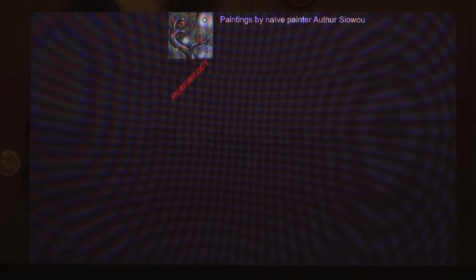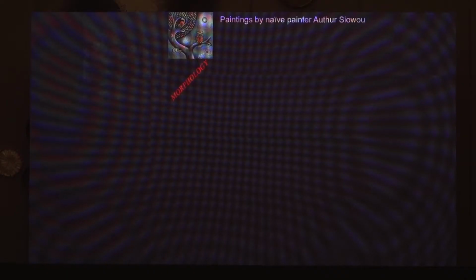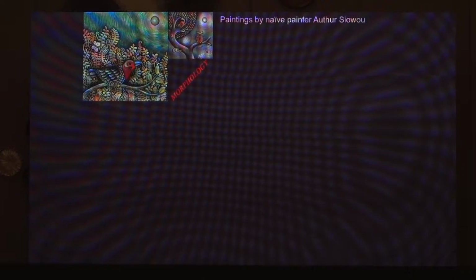Arthur Soyu was a naive artist who was used in Kenya as an illustrator for a children's book. Very simple birds, and this is his mind map, his pattern of the world. As it gets more elaborate, you have birds and fauna.